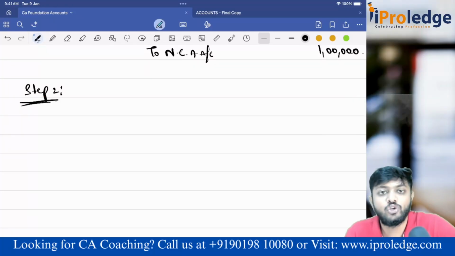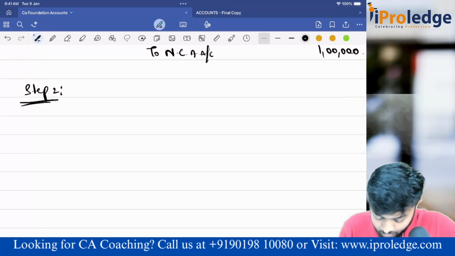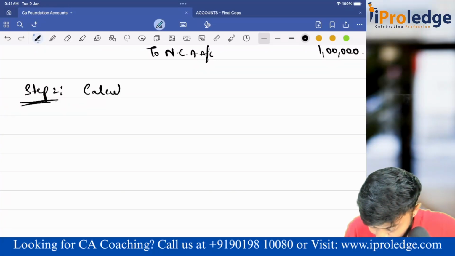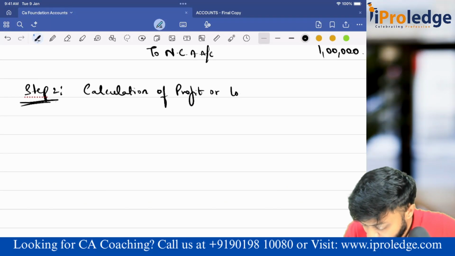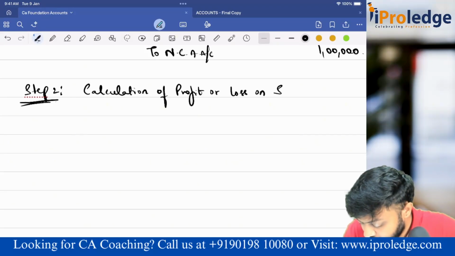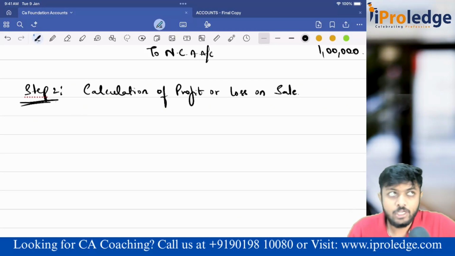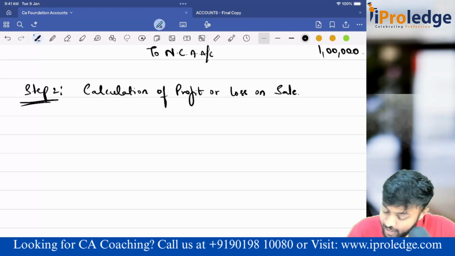Step 2, what am I supposed to do? Step 2, calculation of profit or loss on sale. So how to calculate profit or loss on sale of NCA?